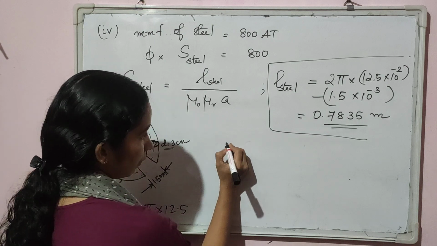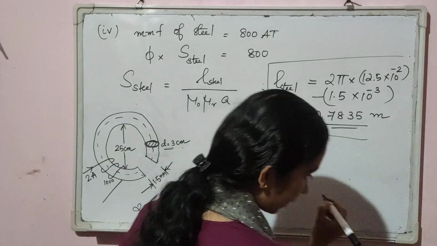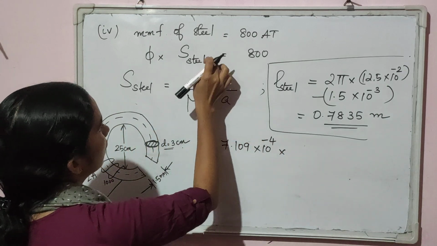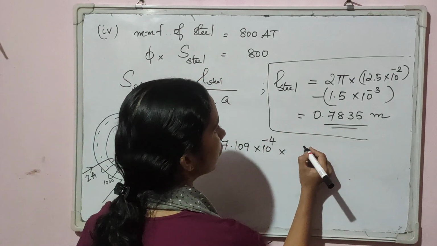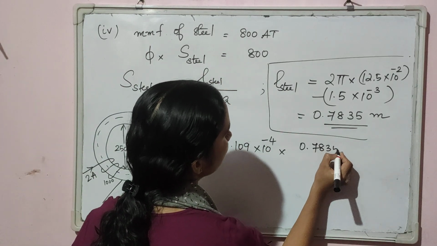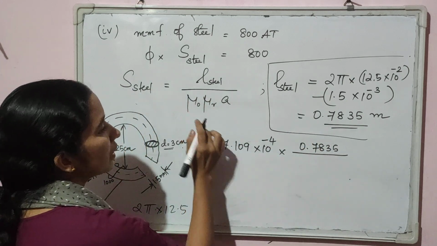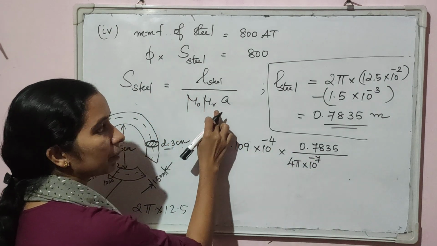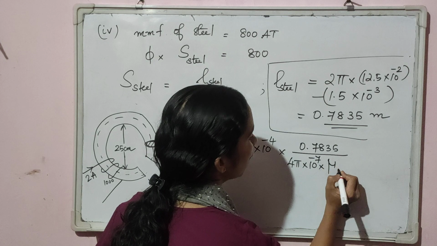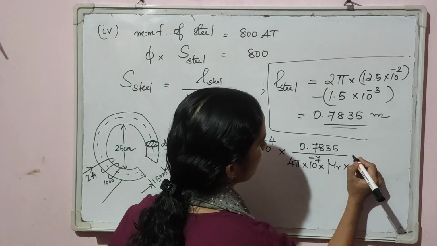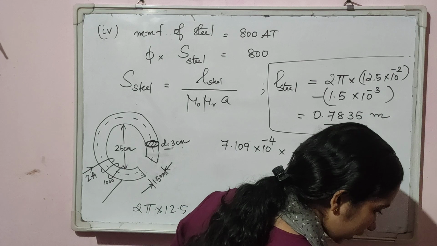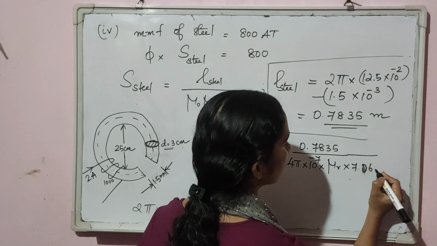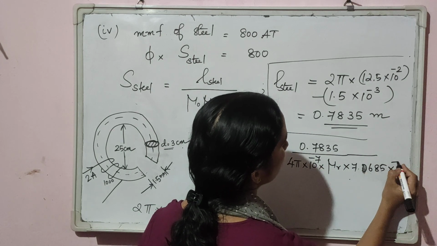We got phi as 7.109 × 10^-4 into reluctance of steel, that is length of steel 0.7835 divided by mu 0, that is 4 pi × 10^-7 into relative permeability of steel, which is unknown, so put it as mu r itself, into area of cross section, that is 7.0685 × 10^-4.